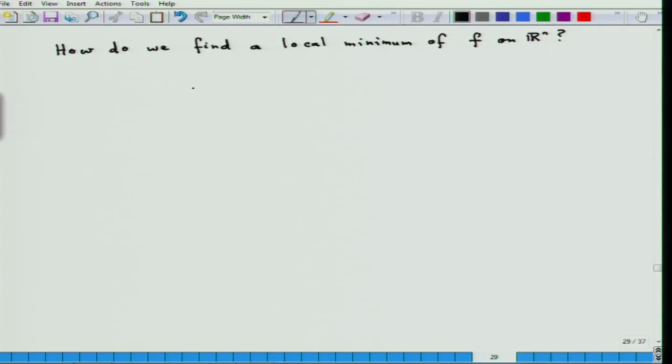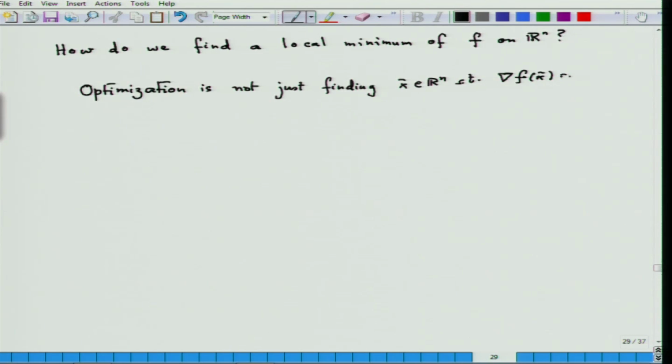But we have to realize that optimization is not just finding x bar element of Rn such that grad f x bar equals 0.